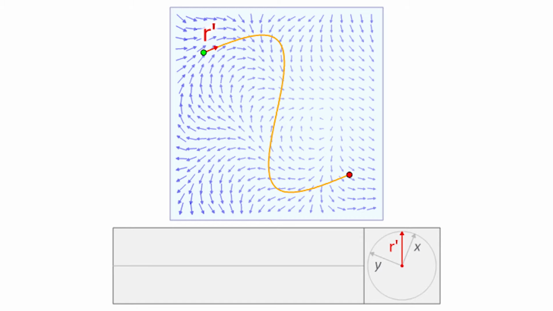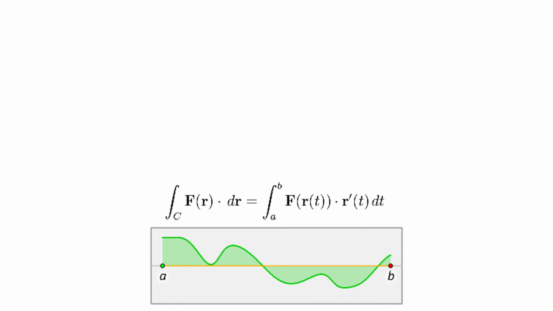Then we take the dot product of that with the blue arrow at that point, which is the strength and direction of the vector field, also at that point. And we complete this procedure all the way along the curve from A to B. The integral is the area under the curve, which you see down the bottom of the animation.